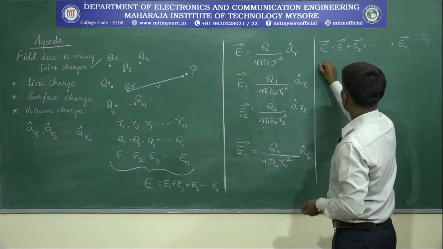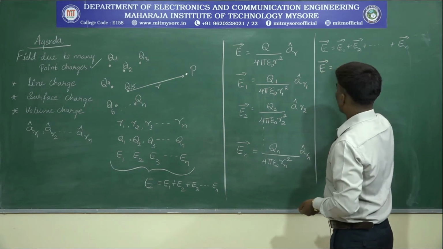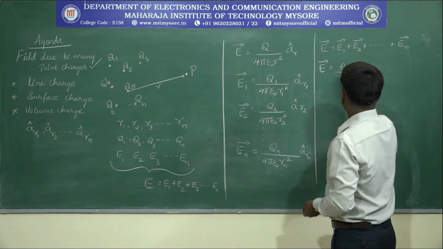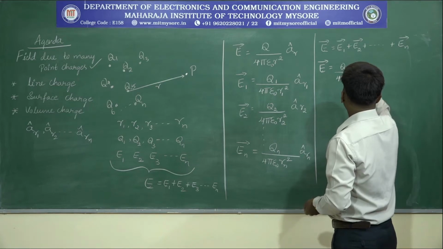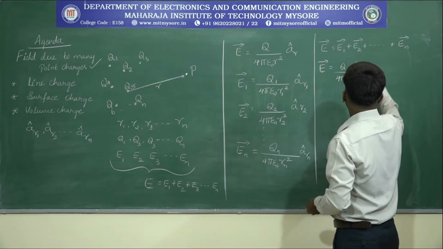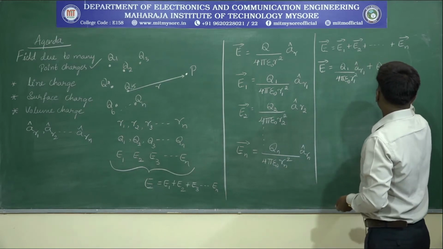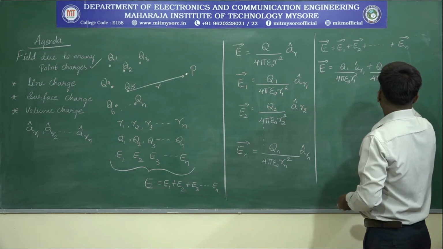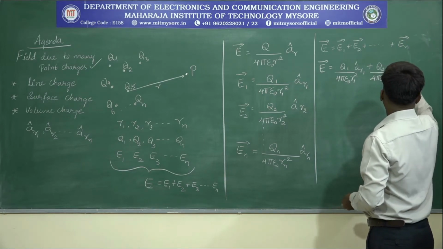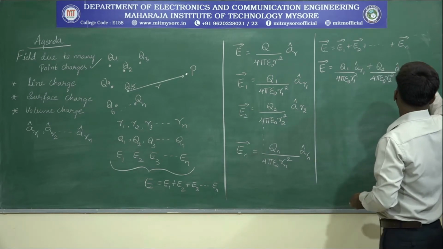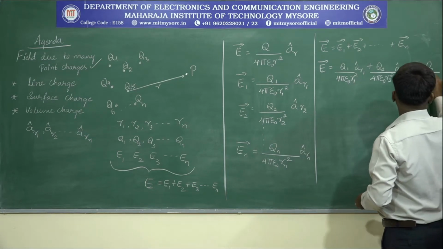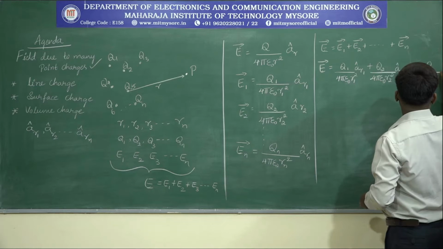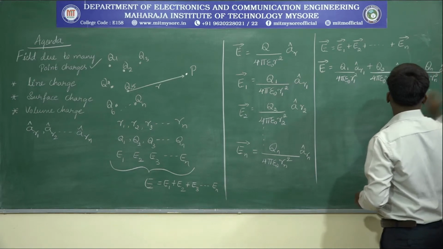Substituting these equations into the above equation, E is given by Q1 divided by 4 pi epsilon naught R1 square A cap R1 plus Q2 divided by 4 pi epsilon naught R2 square into A cap R2 plus so on up to Qn divided by 4 pi epsilon naught Rn square into A cap Rn.